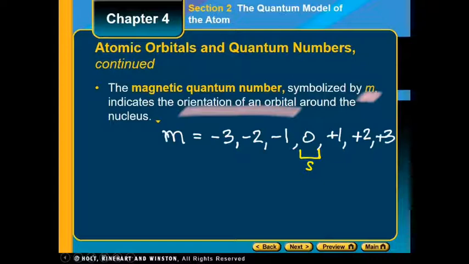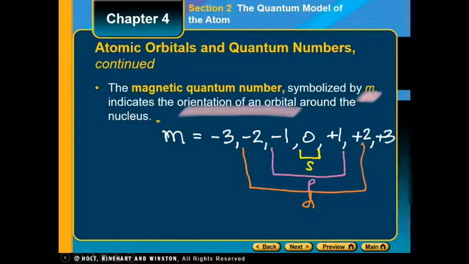If you're talking about a p sublevel that has 3 orbitals, those 3 orbitals have 3 possible values, which are -1, 0, and +1. The d sublevel has 5 orbitals, and those 5 orbitals have 5 possible values of m, which are -2, -1, 0, +1, and +2.